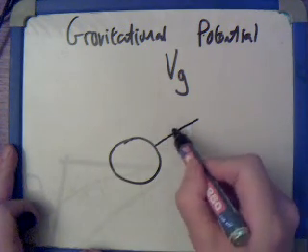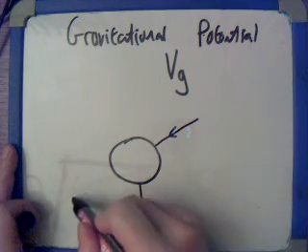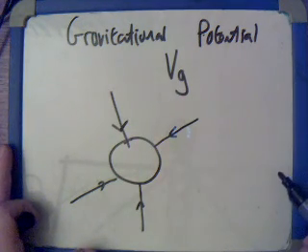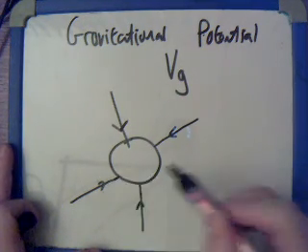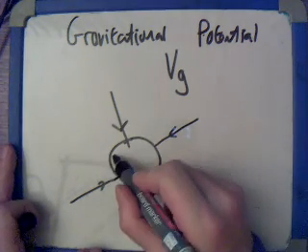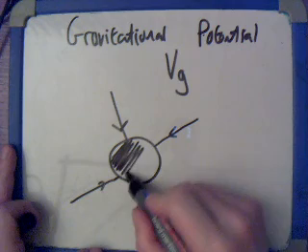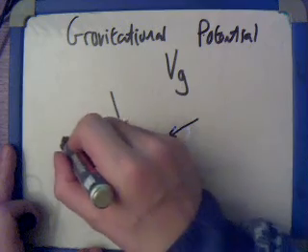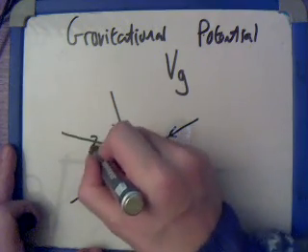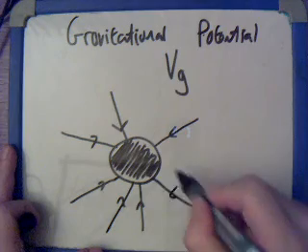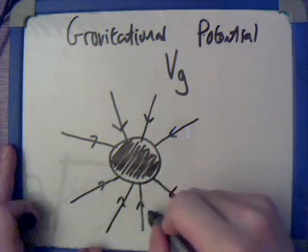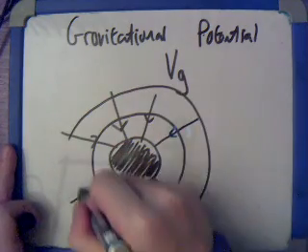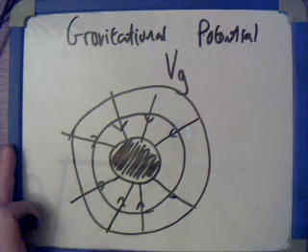These are some field lines pointing towards the centre. I'll colour this in solid, so you can tell this is the Earth. And around it, at right angles to the field lines, you'll get concentric circles of potential. These are lines of potential.